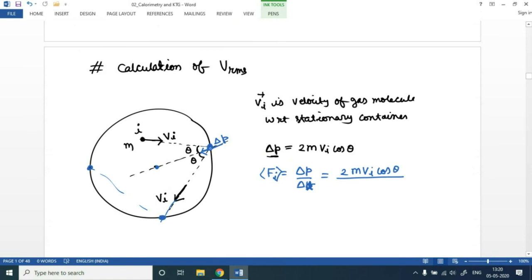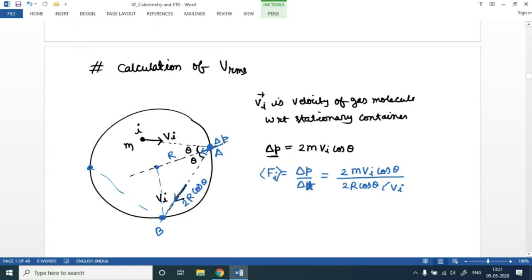So the time interval between two successive collisions is the time when the gas molecule moves from, let's say, this point A to this point B. So you can clearly see, if the radius of this sphere is r, this path length would be nothing but 2r cos theta, and on this path the gas molecule is moving with this speed vi. So the time taken here would be nothing but 2r cos theta upon vi.